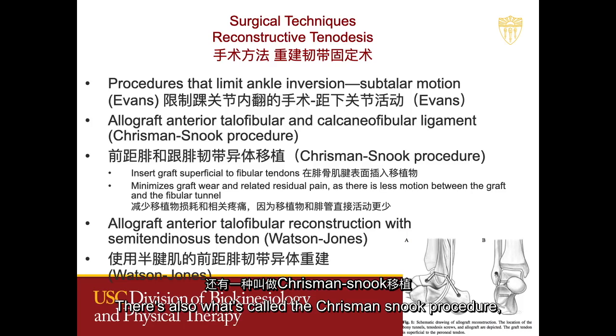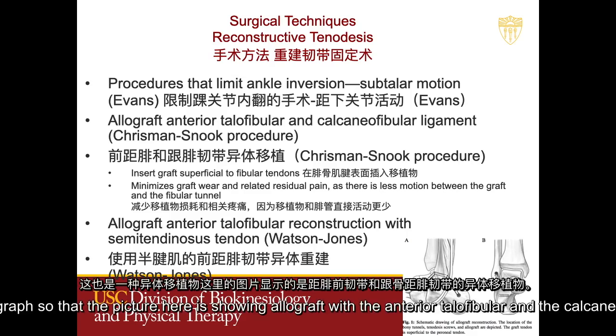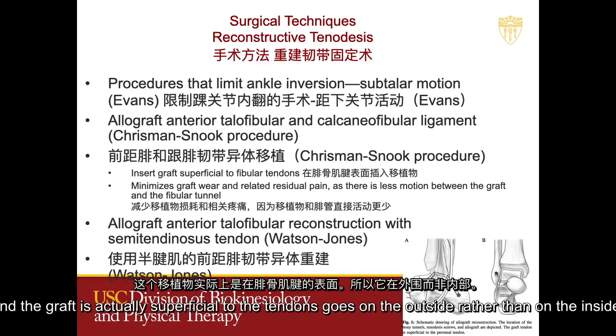There's also what's called the Chrisman-Snook procedure, which is an allograft, and then there's the Watson-Jones, which is also an allograft. So the picture here is showing allograft. With the anterior talofibular and the calcaneofibular ligament, they basically are inserting a graft, and the graft is actually superficial to the fibular tendon.